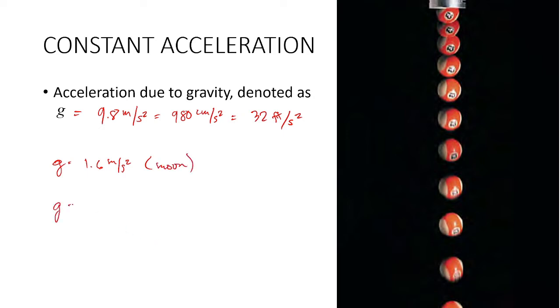And for the sun, it is 270 meters per second squared, which is greatly higher than the acceleration due to gravity on Earth. So if we look at it, it depends more on the size.